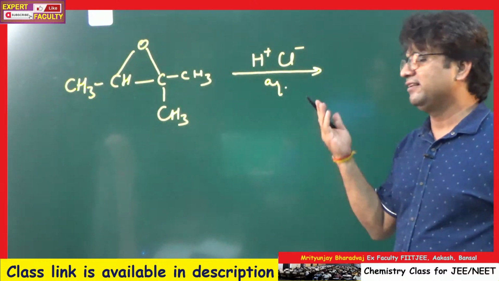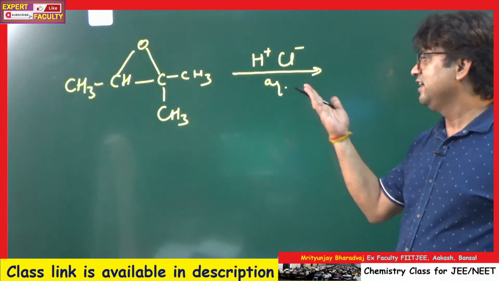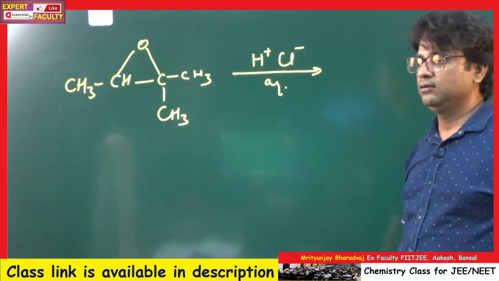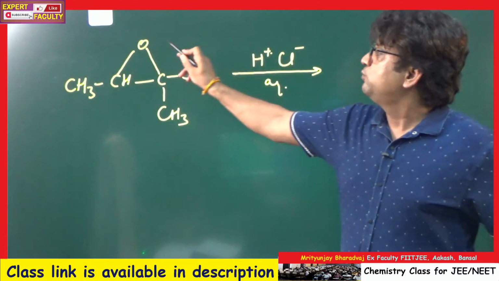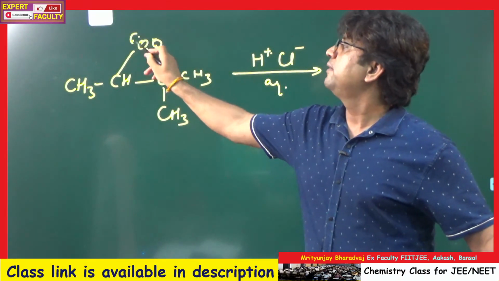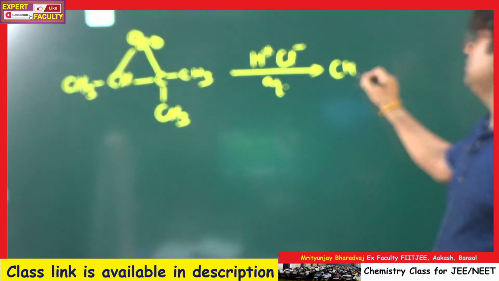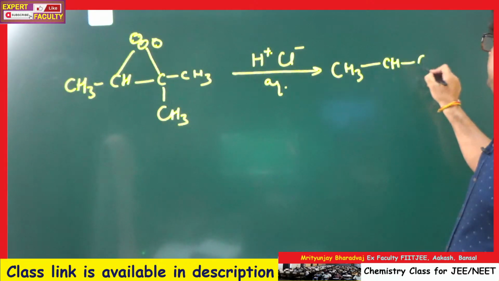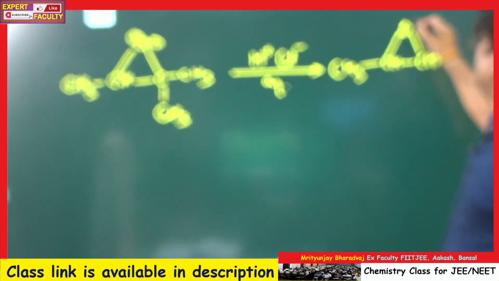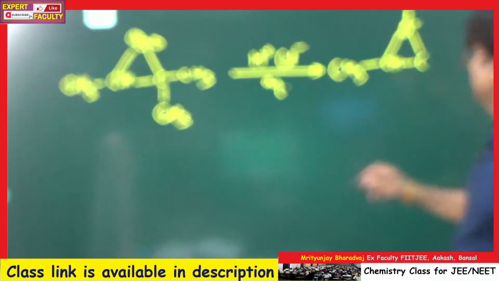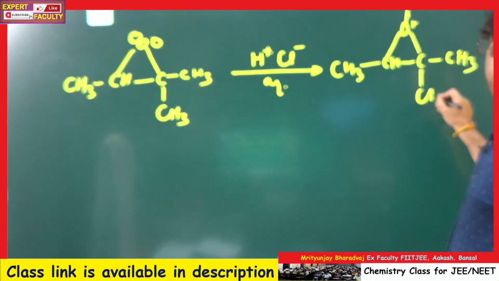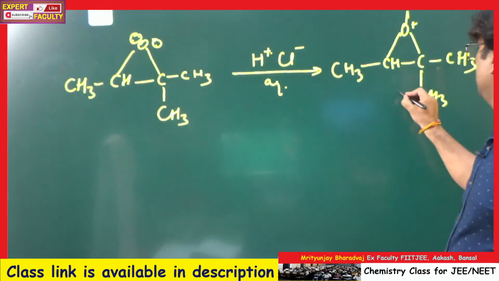In the aqueous medium, HCl will provide H plus and Cl minus will act as a nucleophile. So what do you think? H plus will protonate this oxygen. This will be our first step. When the H plus protonates, I think you don't have any problem in this case, no? Acid catalyzed is clear to you? Okay, no problem. Just finish the product, then we will go to base catalyzed also.